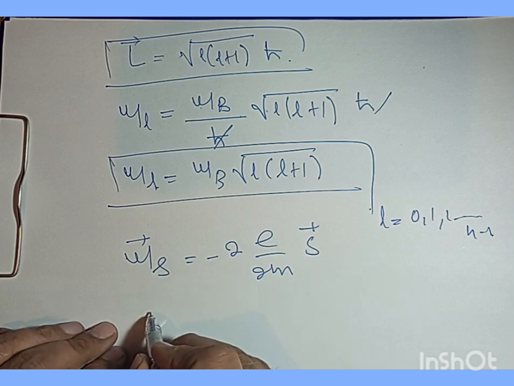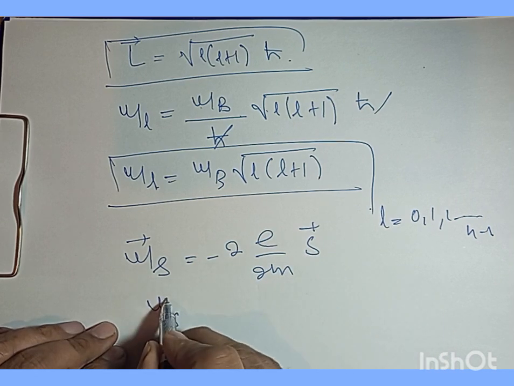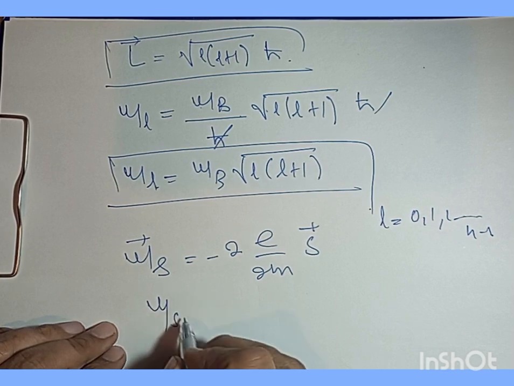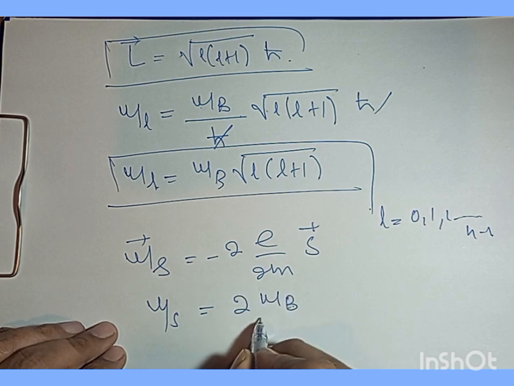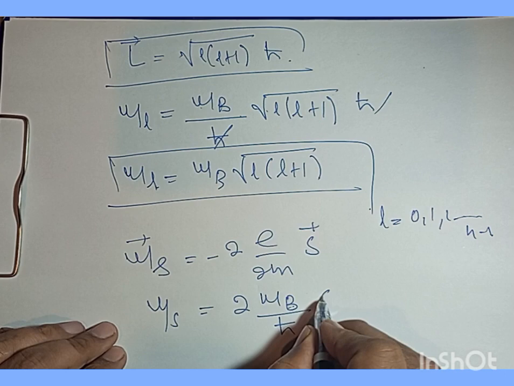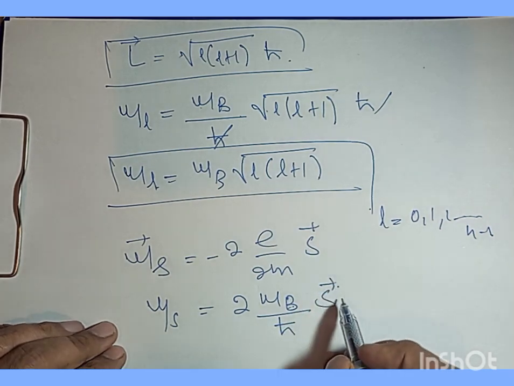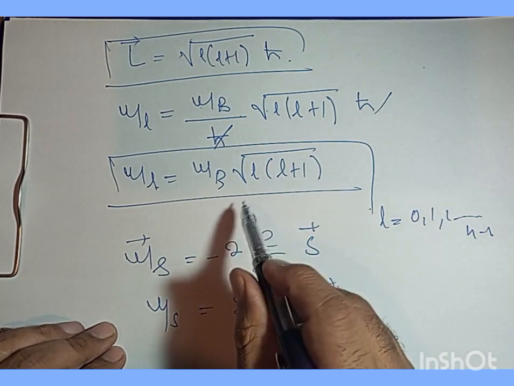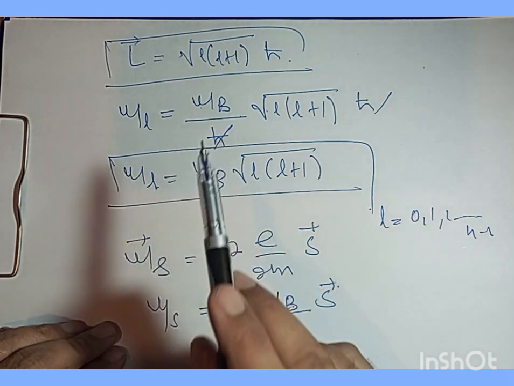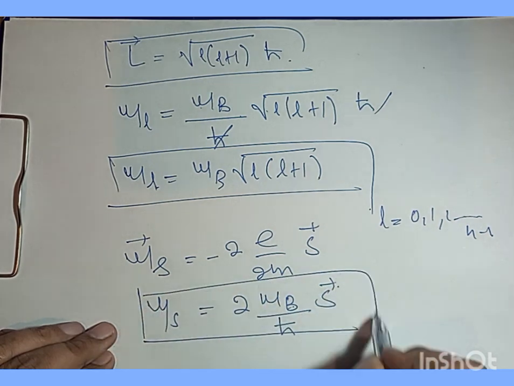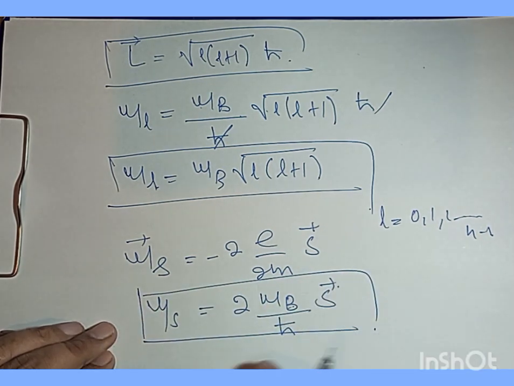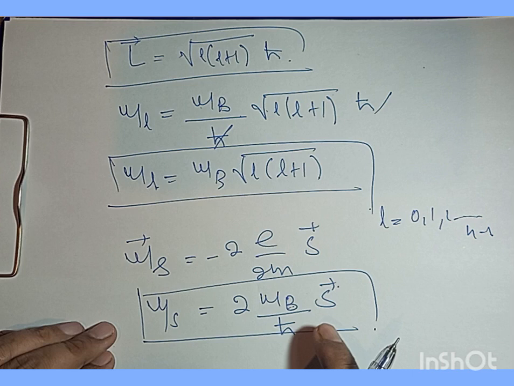The magnitude of mu s can be written as 2 mu B by h cross times S. In analogy to the orbital angular momentum quantization, we have the dependence of the spin angular momentum on the spin angular momentum quantum number.